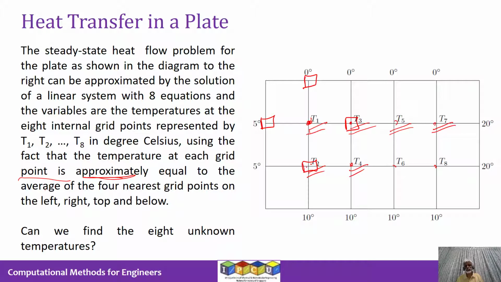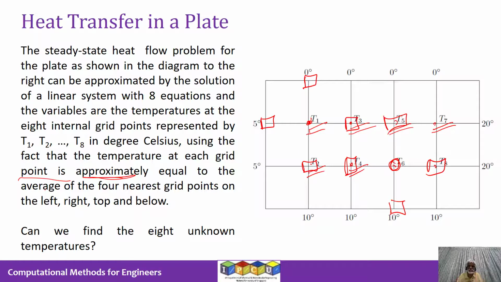Then T1 is going to be the average of 5, 0, T2, and T3 in this case. You take those 4 values, 5, 0, T2, and T3, you average it out, that will be equal to T1. T6 will be the average of T4, T8, T5, and the value of 10 according to this assumption. Whether you choose 4 neighboring points or 8 neighboring points, etc., it's up to you.